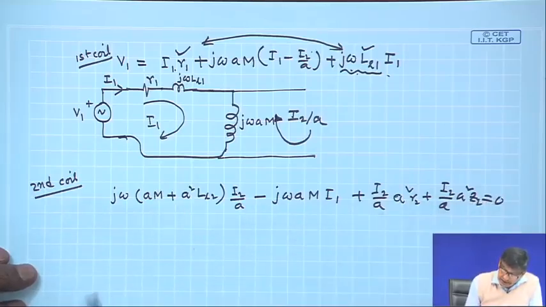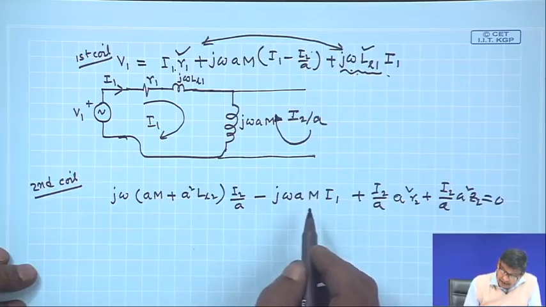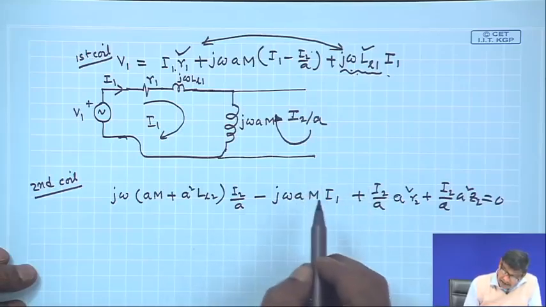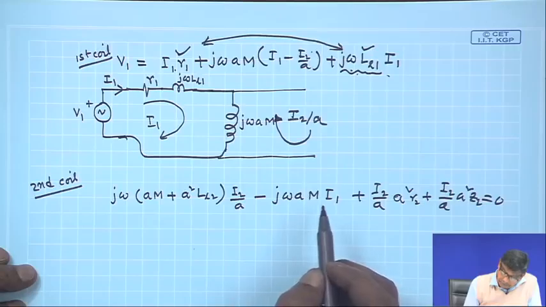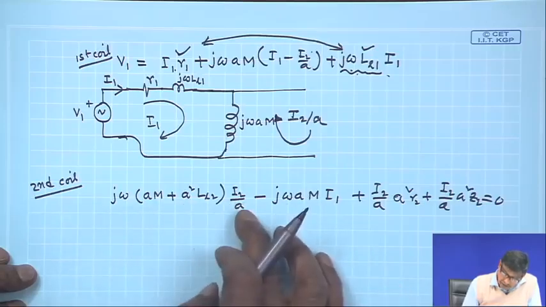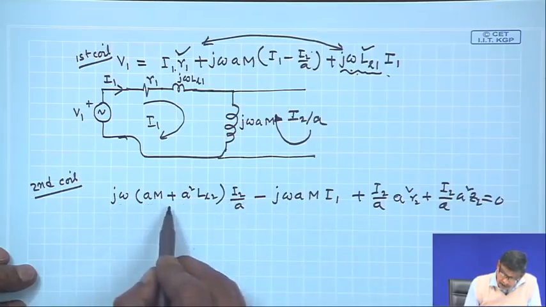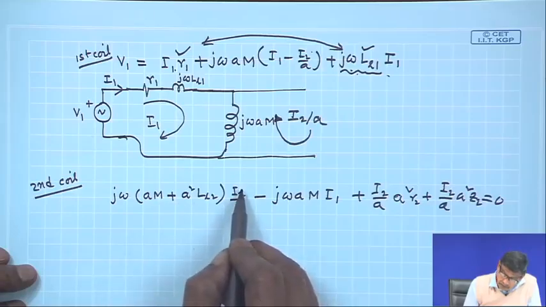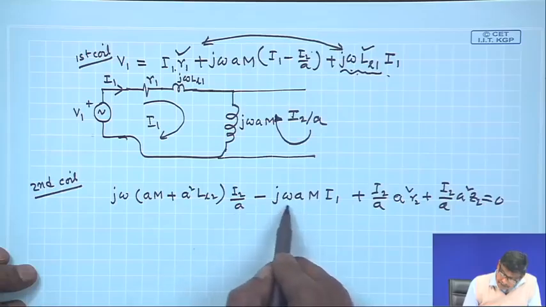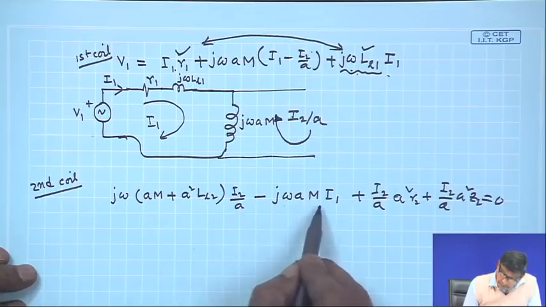Therefore, the second KVL equation is telling me that this voltage drop, that is j omega A m into I 2 by A, minus j omega A m into this.